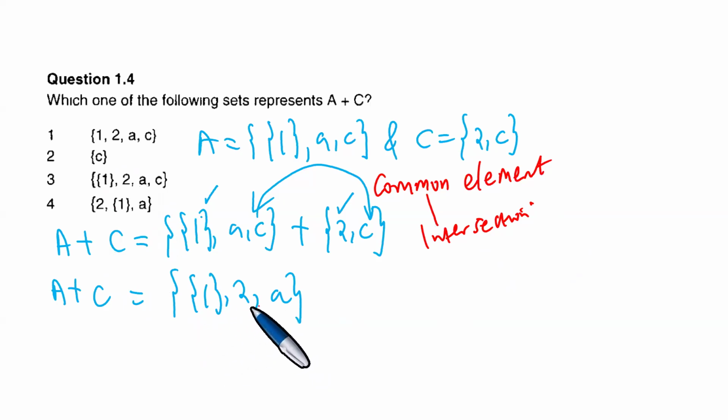So we have 1, 2, and A. So 1, 2, and A gives us exactly the fourth option, and we have been able to compute the sum of two sets, A and C. And the sum of the two sets, A and C, is just short of the element in the intersection, the element C there. And now we continue to practice a little bit more. Let's just try the next question.